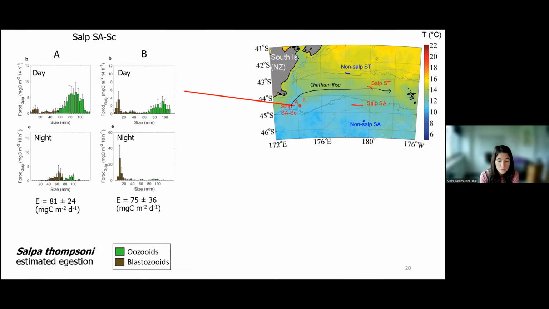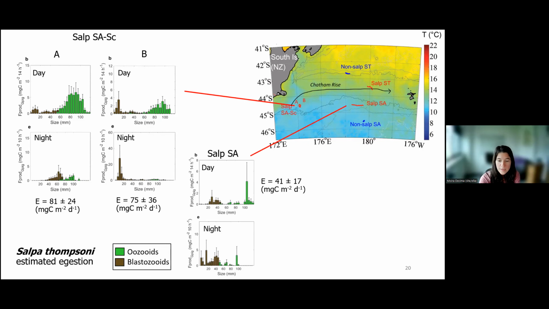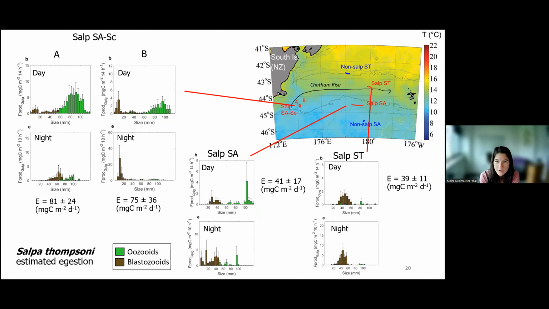Those are the highest ones we got, similar between those two parts of the cycle. And then as we moved offshore, we still had pretty significant amounts of carbon being ingested, but about half the values that we were seeing in the first part of the bloom or in our earlier cycles.